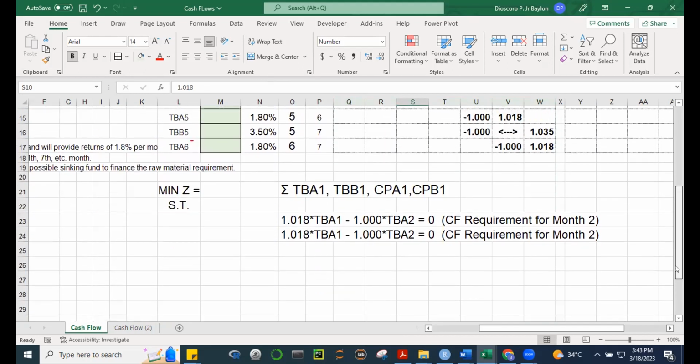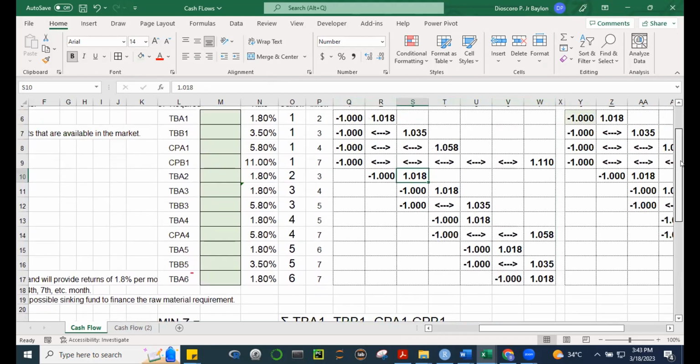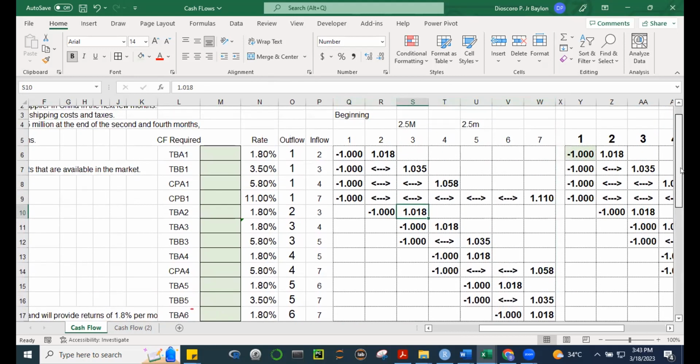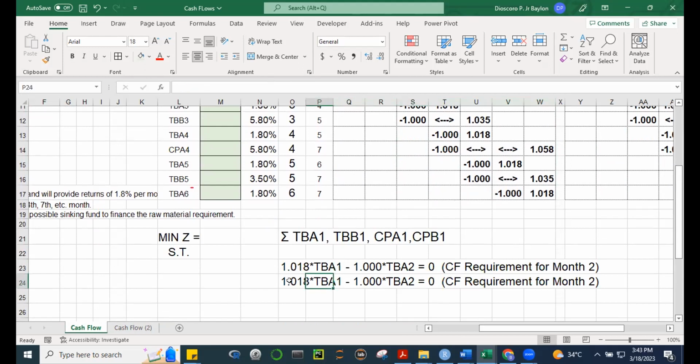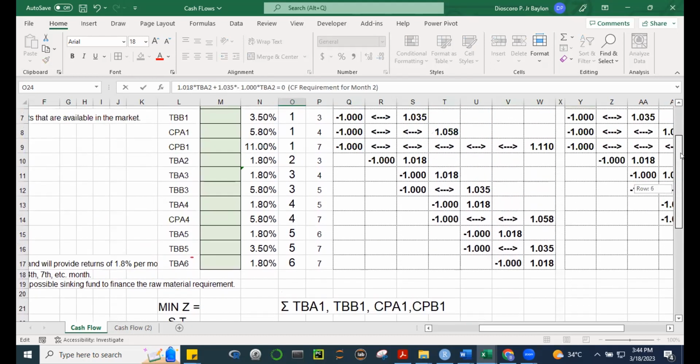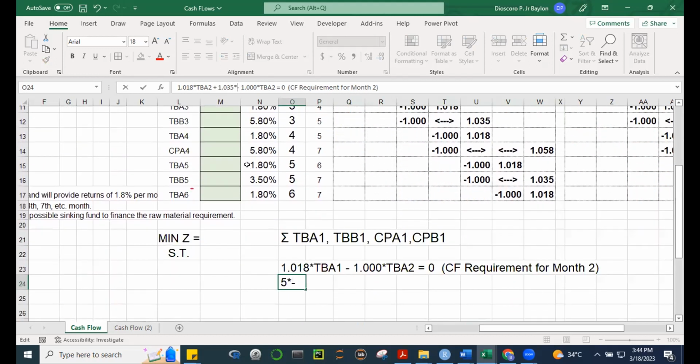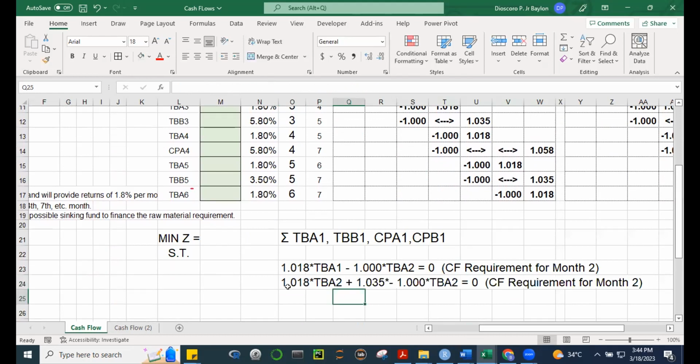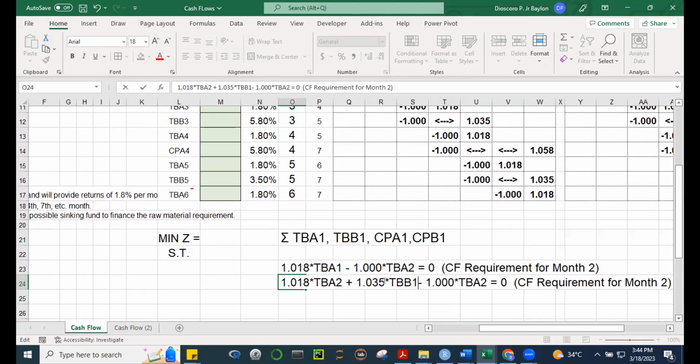Let's write that: 1.018 times TBA2, plus 1.035 times TBB1.